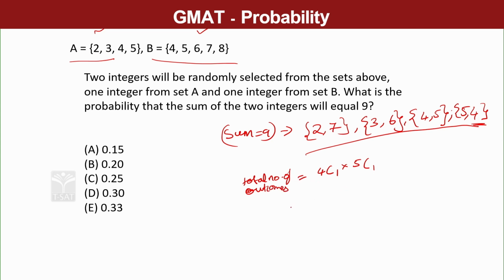So the probability will be, our favorable outcomes are how many? 1, 2, 3, 4. 4 favorable outcomes divided by the total number of outcomes, that is 4 into 5, which is probability comes out as 1 by 5, which is 0.2. Answer is option B.